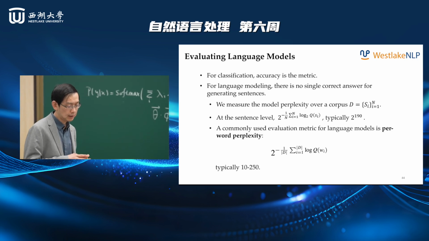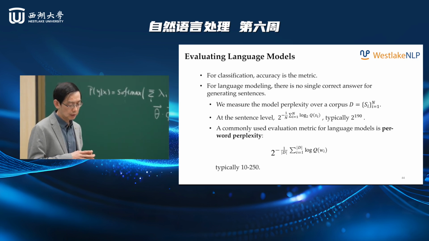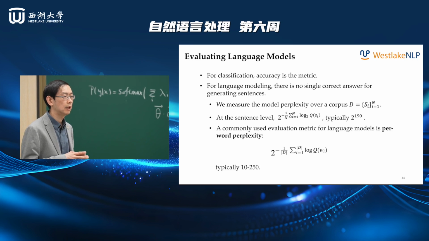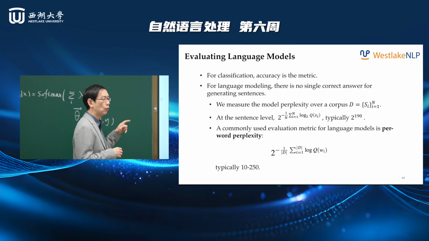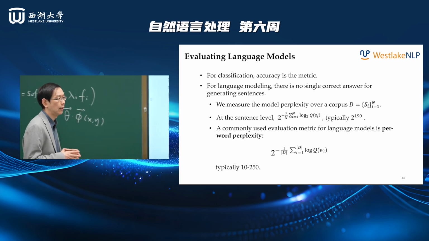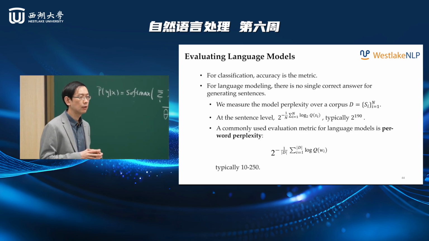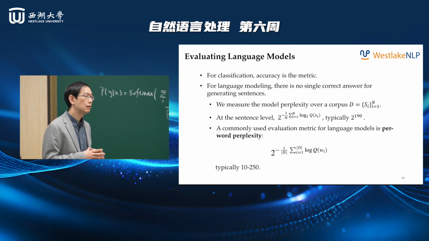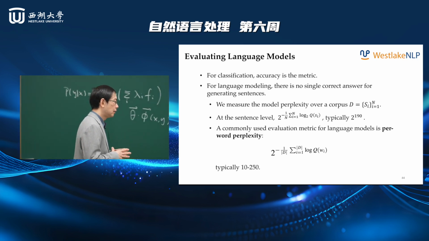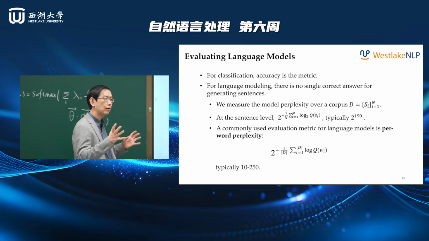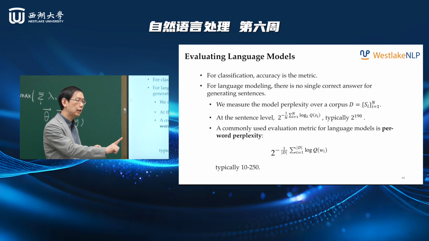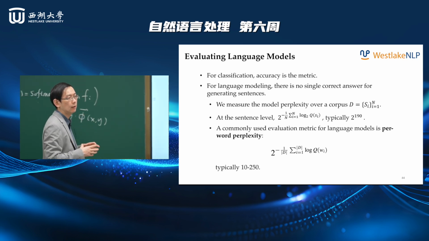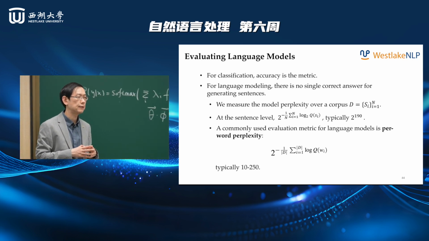Then this perplexity for n-gram language models is smaller. It could be in the level of 100 to 200 for n-gram language models, which means that if I look at the corpus, an n-gram language model will see, for every word, 200 equally likely choices. They are perplexed by 200 choices.